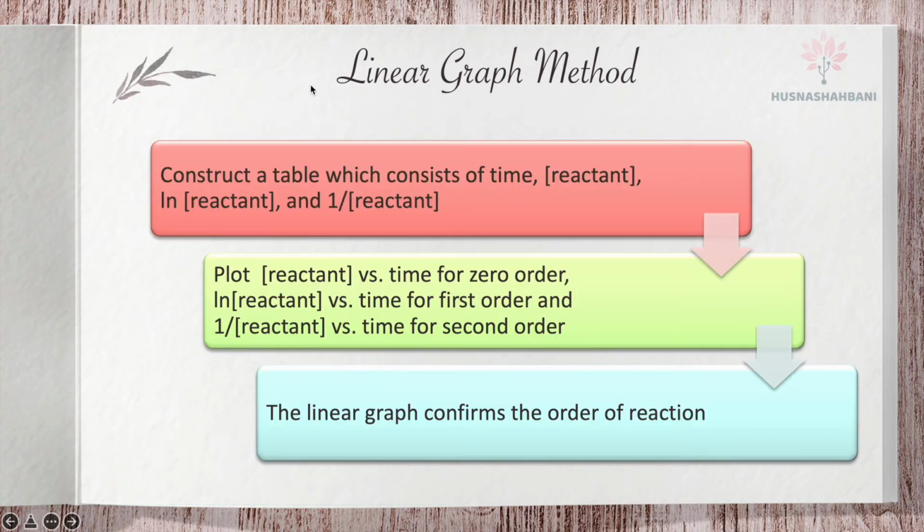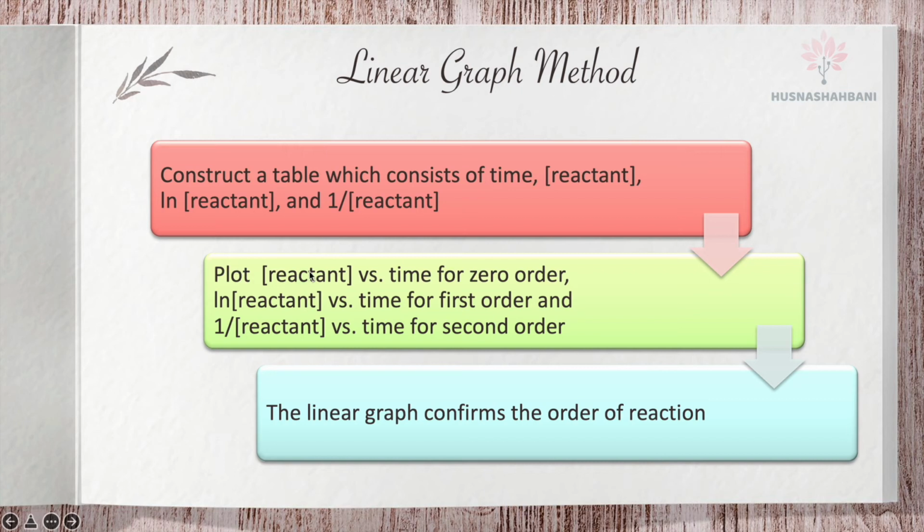Linear graph method. Construct a table which consists of time, concentration of reactant, ln reactant, and 1 over concentration of reactant. This is for the zero order, first order, and second order.